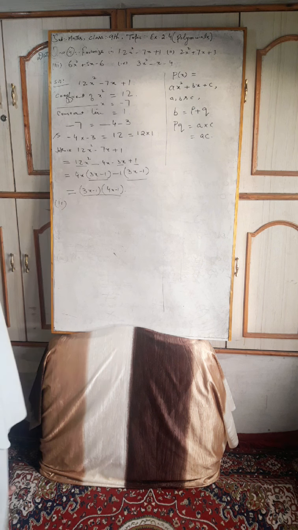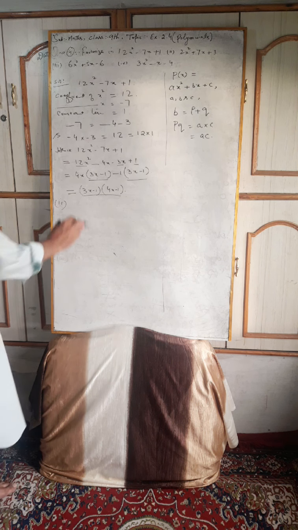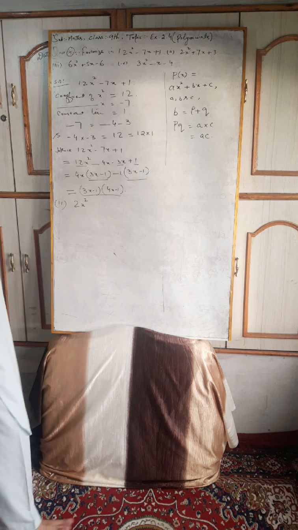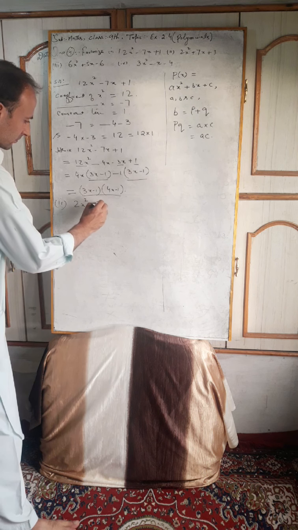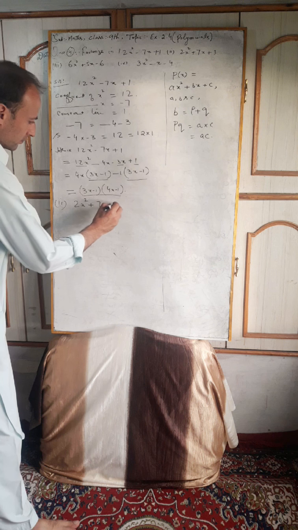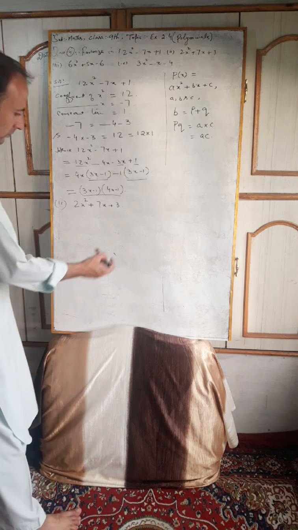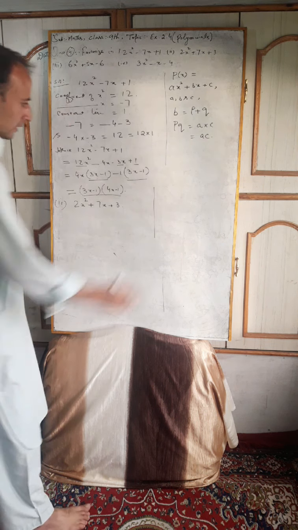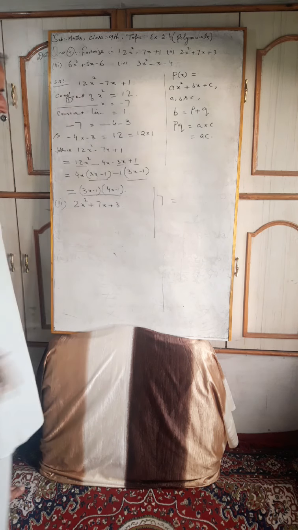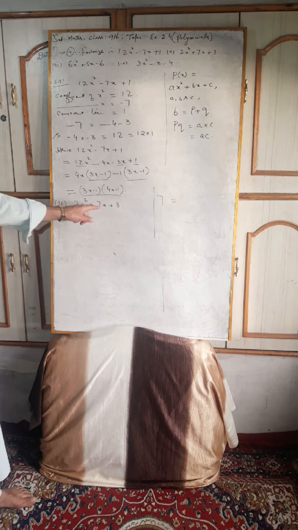Second part, 2x square plus 7x plus 3. Here the coefficient of x square is 2, the coefficient of x is 7, and the constant term is 3. 7 is to be written in such a way so that when we sum up these two numbers we get 7, and when we multiply we get 2 into 3.